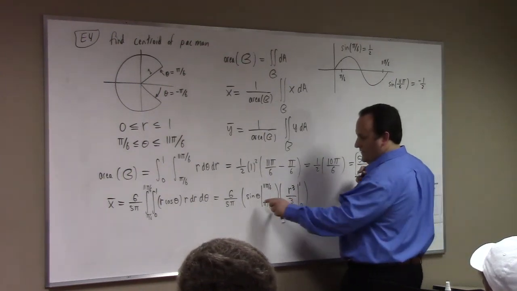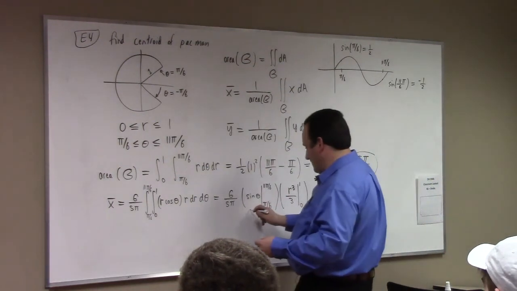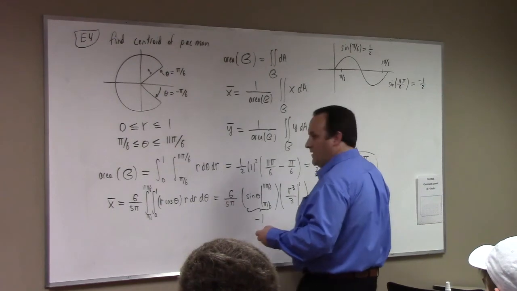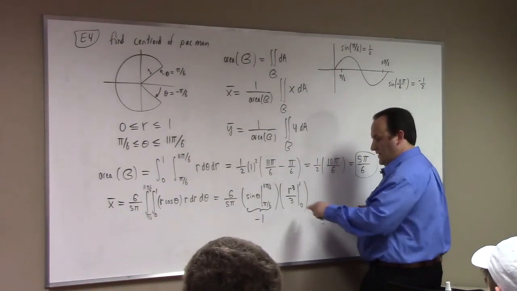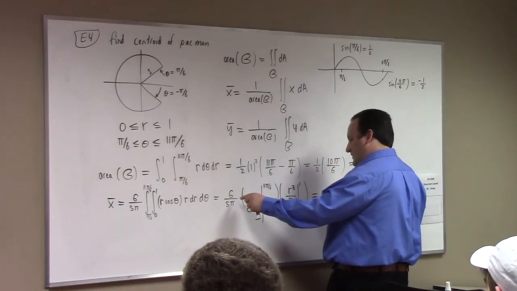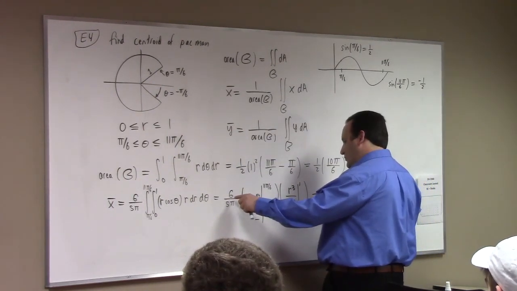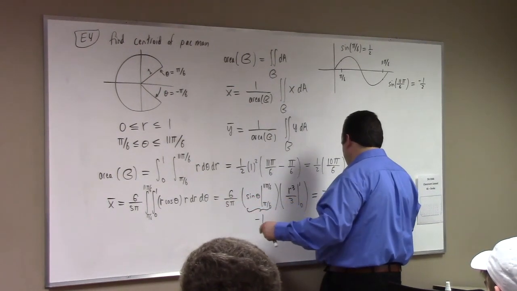So this actually is altogether -1, because it's -1/2 minus 1/2. And this is 1/3. So we get 2. I think we get -2 over 5 pi, yeah?